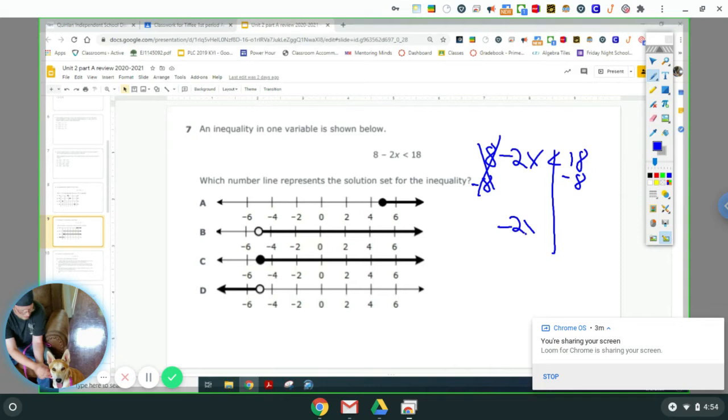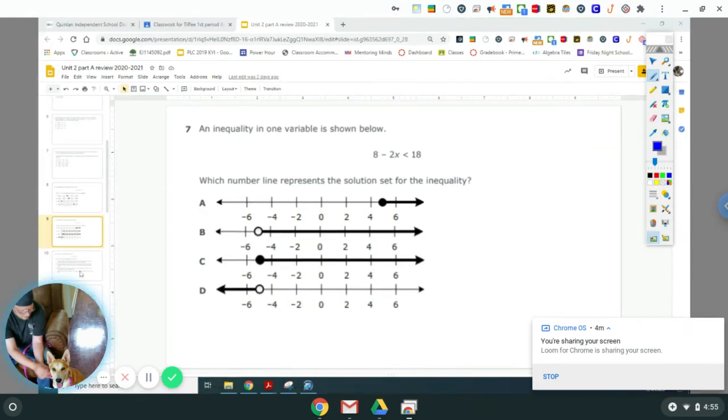So now you have negative 2x is less than positive 10. Then you're going to divide both sides by negative 2. You're going to flip your sign because you divide both sides by a negative. So 10 divided by negative 2 is negative 5. So the answer should be B. Because it's an open circle, because it doesn't equal it. So it means that it has to be open.